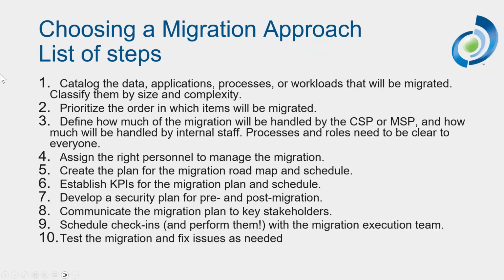Classify them by size and complexity. And then number two, prioritize the order in which these items will be migrated. Number three, define how much of the migration will be handled by the CSP or the MSP and how much will be handled by the internal staff. Processes and roles need to be clear to everyone.